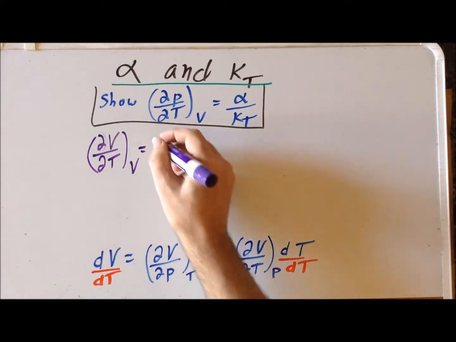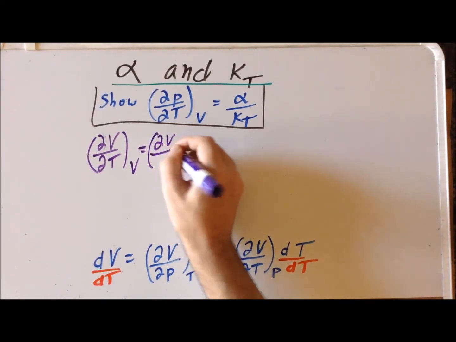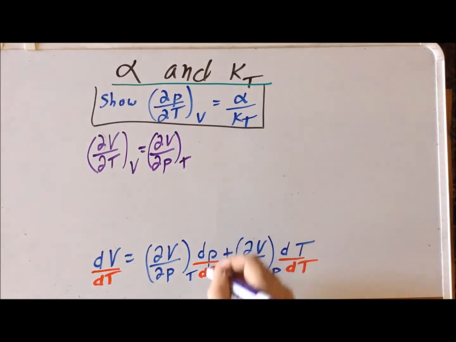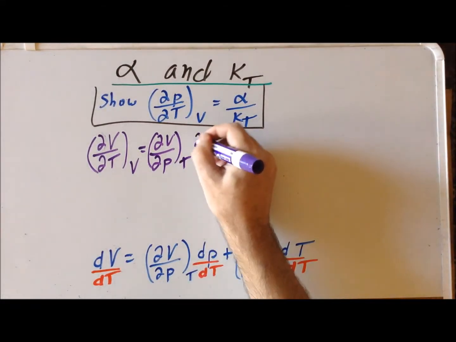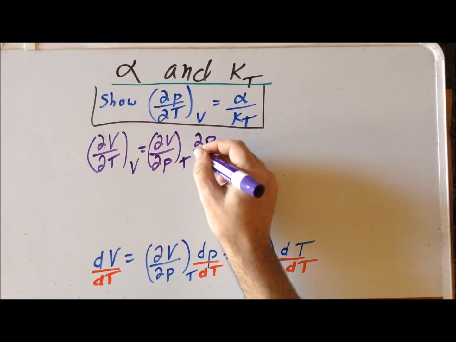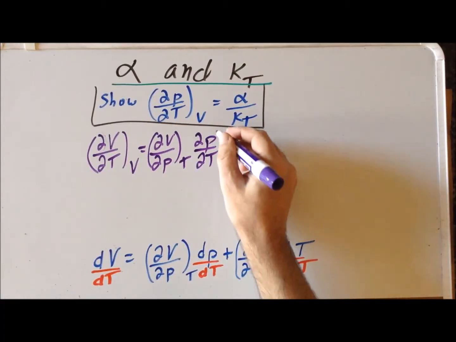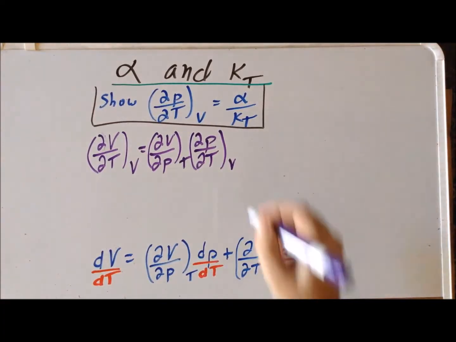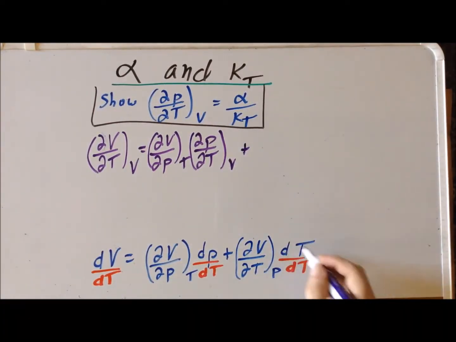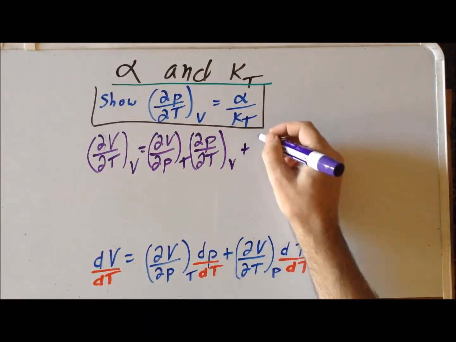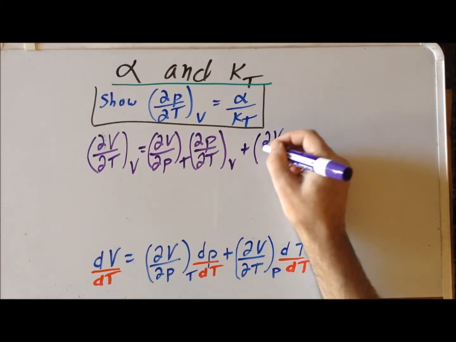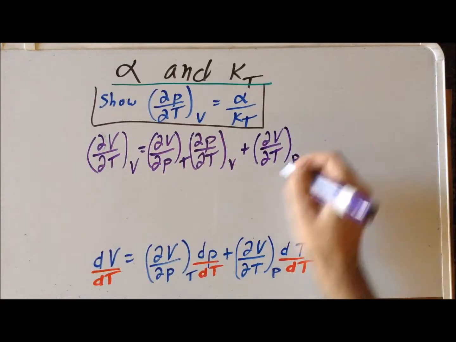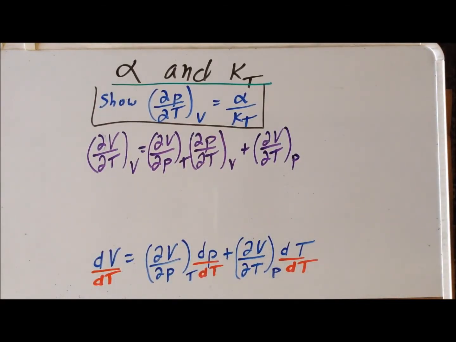We have the change in V with pressure at constant temperature. This converts into a partial derivative of P with respect to T, and recall, it's a constant volume condition. Plus dT over dT just becomes 1. So we're left with the change in the volume as a function of the temperature under a constant pressure circumstance.